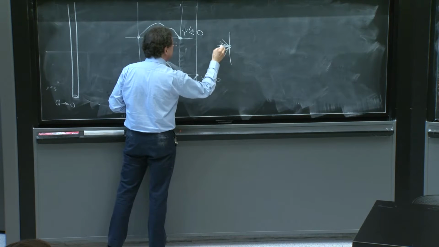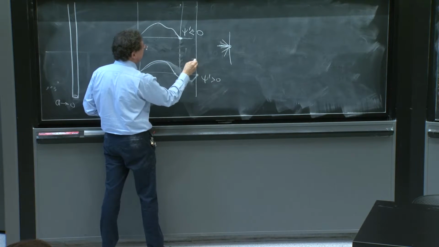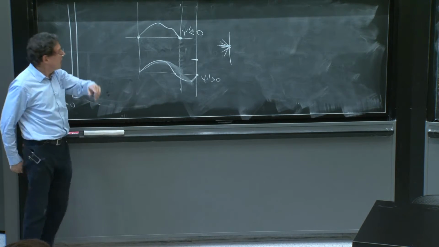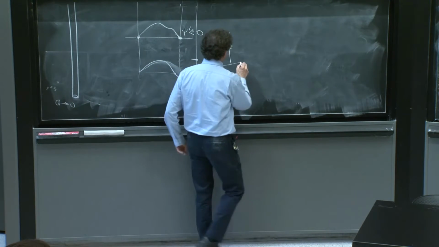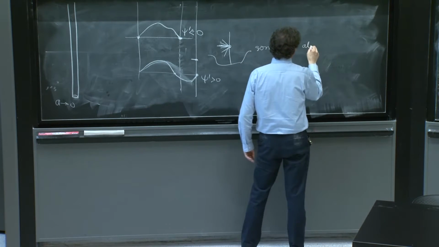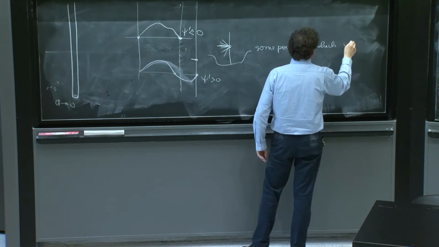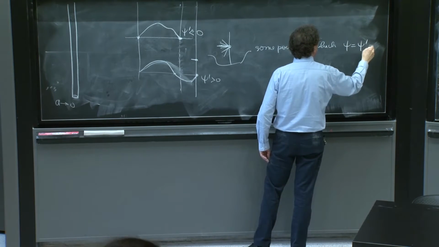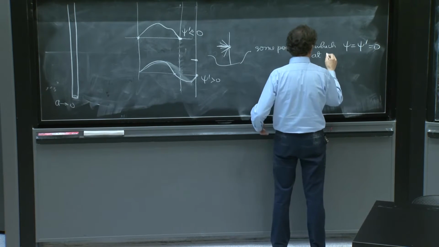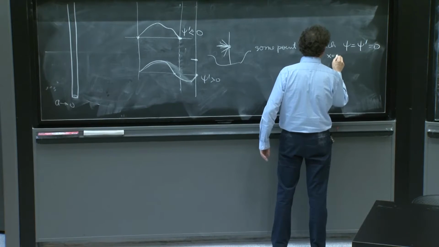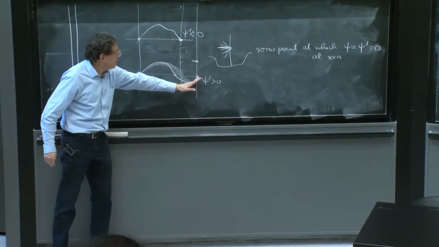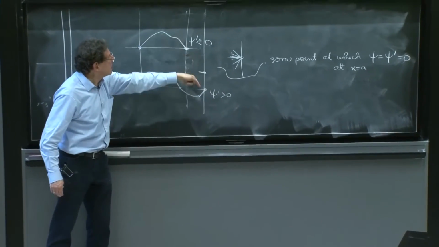But for that, there must have been a point somewhere here when it was horizontal, if it's continuous. And therefore, there must have been some point at which psi and psi prime were both 0 at the endpoint, x equal a, whatever the value of a was. Because psi prime here is positive and here is negative.